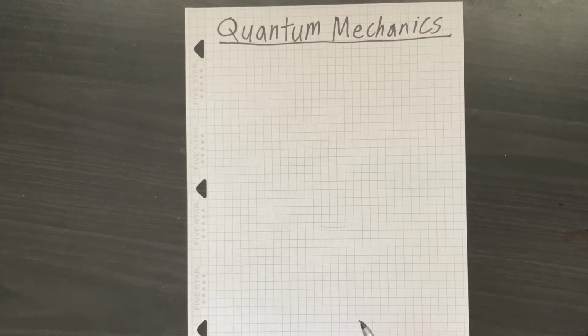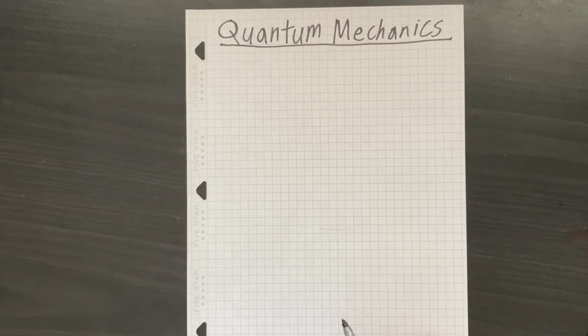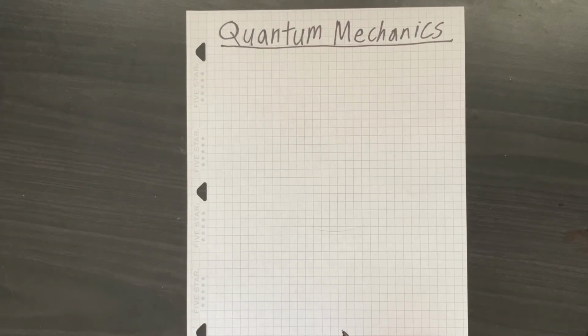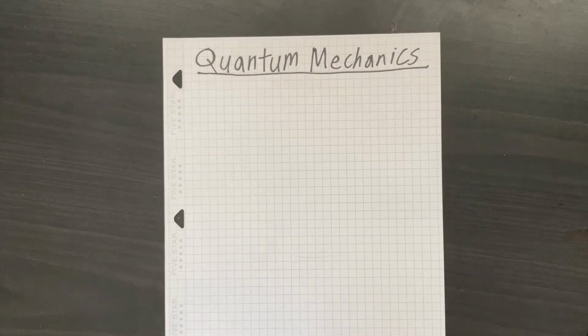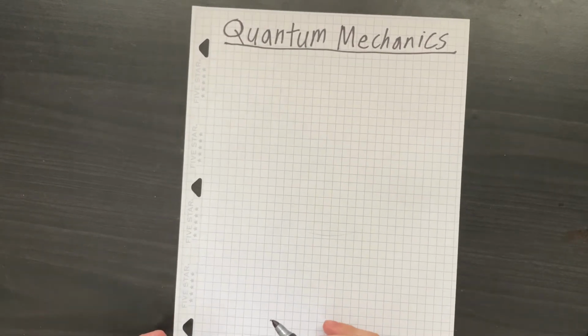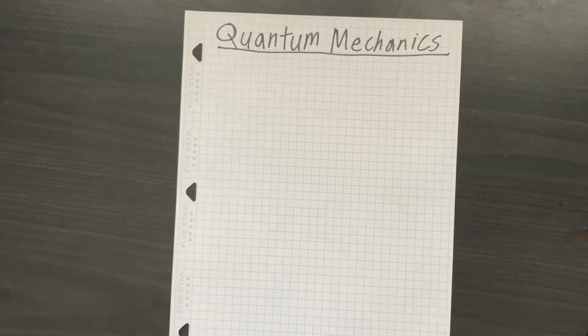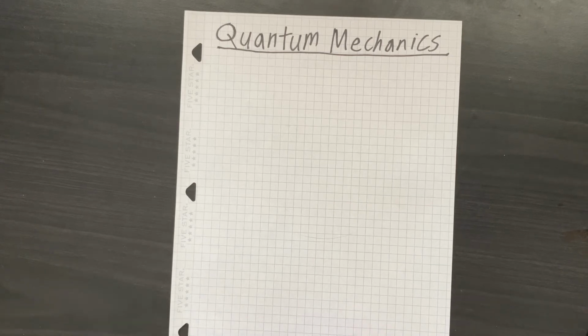Now, quantum mechanics is unlike any other subject in physics, in that we don't fully understand the phenomena of quantum mechanics. Unlike, say, thermodynamics, where we understand where a lot of the energy is going and transferring between, in quantum mechanics, we don't understand the underlying principles of what makes these things happen.